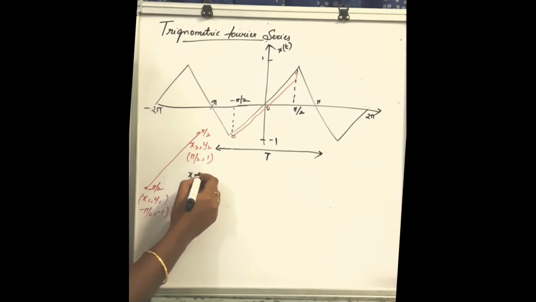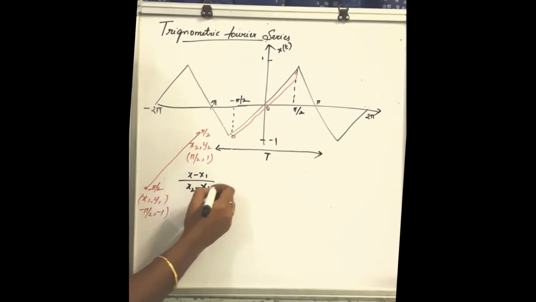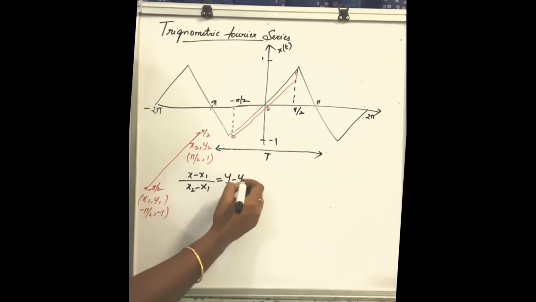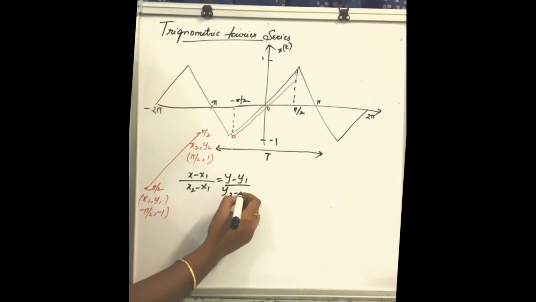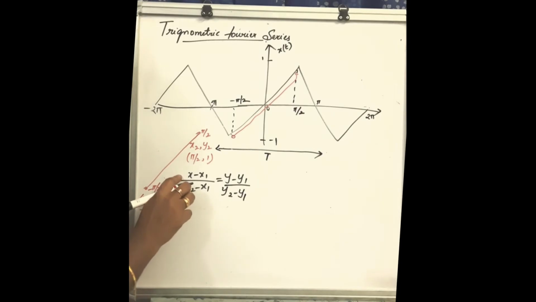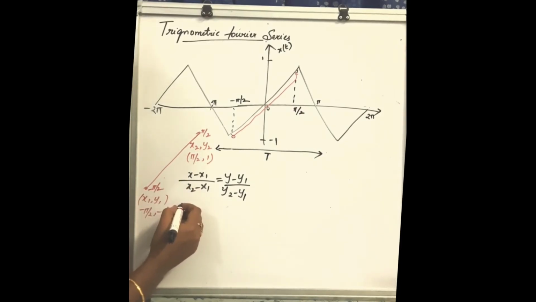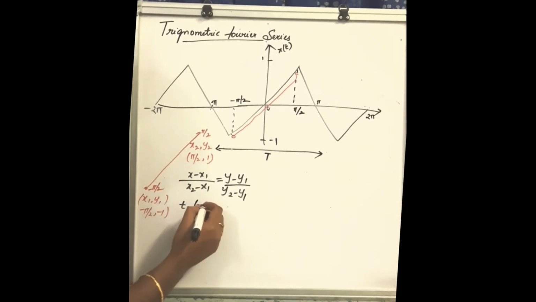x minus x1 by x2 minus x1 is equal to y minus y1 by y2 minus y1. As already said, x is nothing but your t. For x1, please substitute minus pi by 2.